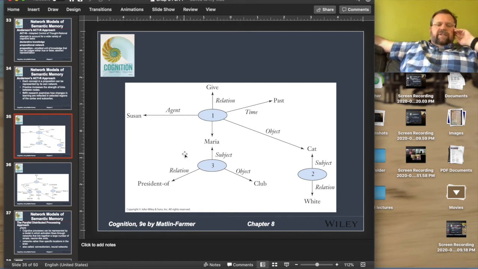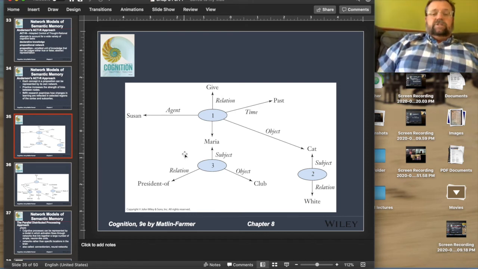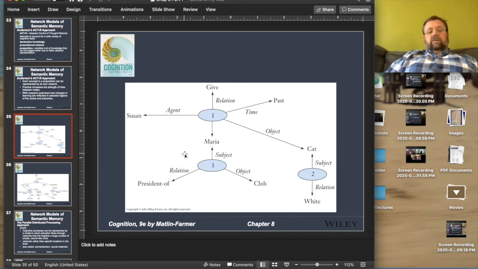According to the ACT model, our understanding of what a sentence means, such as Susan gave a white cat to Maria, who is president of the club, is the network of connections for each of these words used in the phrase that allows us to find the meaning.